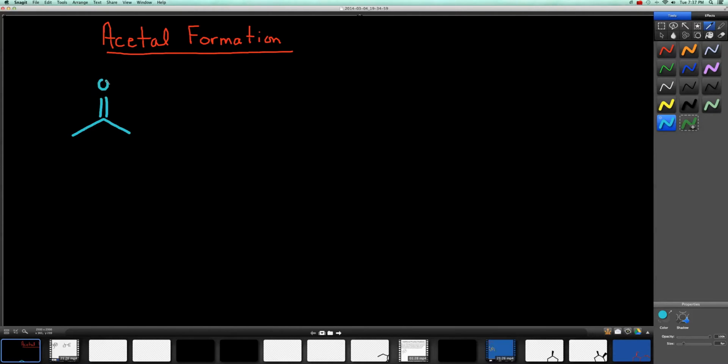Let's imagine that we have a carbonyl like 2-butanone, and we are going to first activate the carbonyl carbon as an electrophile by protonating the oxygen.